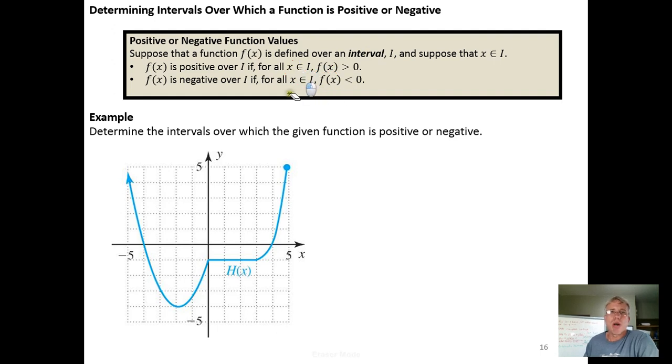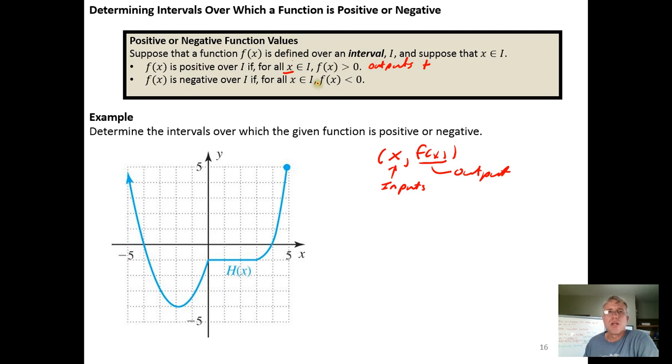What we want to remember is that in function notation, our inputs are our x's generically. That's our generic input, and f of x represents function output. So if we're saying, what are the values of x for which the function is greater than 0, we're really saying, when are the outputs positive?